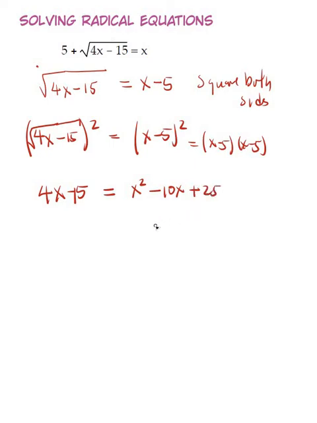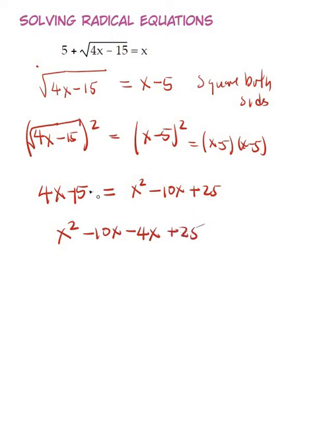Now, what we're going to do is send the 4x to the other side and the 15 to the other side, and we will get an expression like this. x squared minus 10x. When 4x crosses the equal sign, we change its sign. It's going to be negative 4x. Then plus 25.